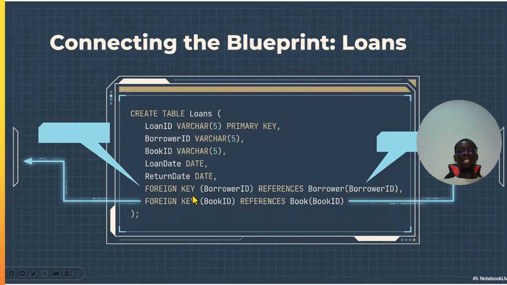In here you see that the foreign key, we have the borrower ID, which was a primary key in the borrower table, and then here we have the book ID, which was also a primary key in another table, and they have become foreign keys in the loan table because they are not in their original table. With the help of these foreign keys in here, we can access the information that we want in the borrower table and then the book table.